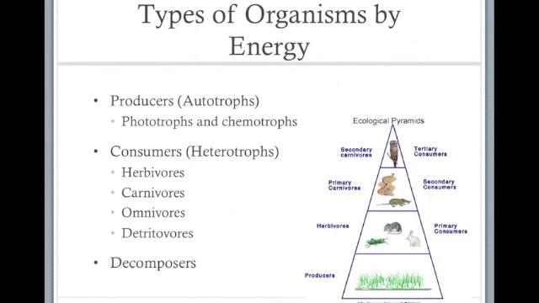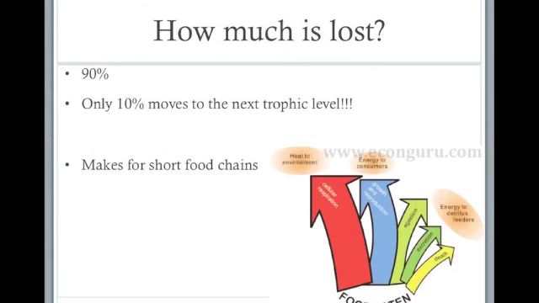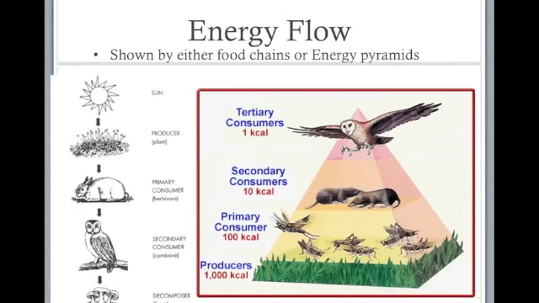So those are very important because if you actually look at a food chain or food pyramid or the energy flow, you'll notice that only 10% of the energy moves on to the next energy level. So 90% of energy is lost, and that makes really short food chains. If you look at these food chains, you'll notice it starts with the sun on the left, then it goes to the producers.